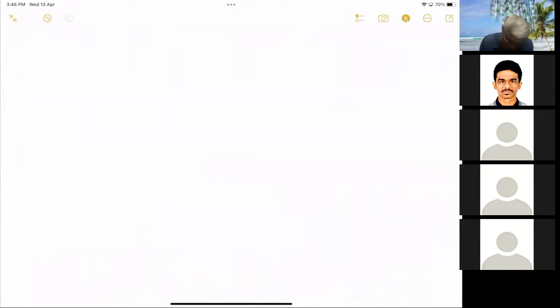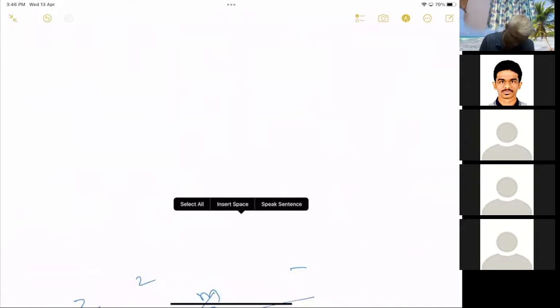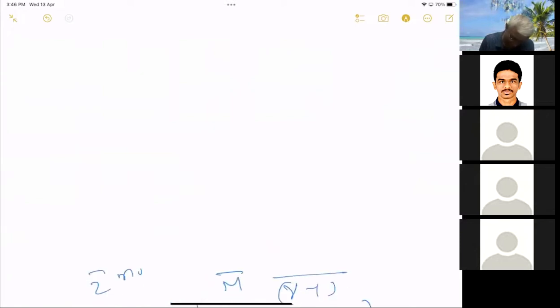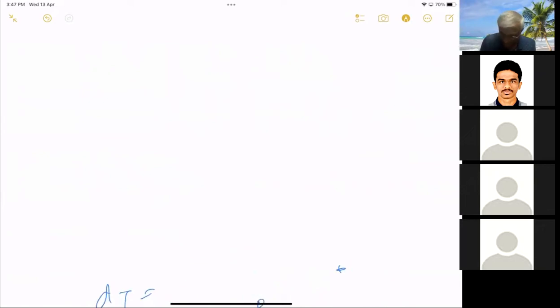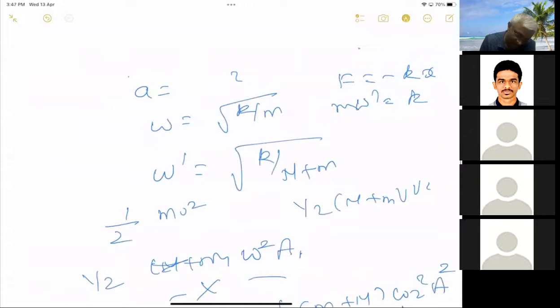I don't know when this happened. I opened a new file. I don't know why I have all these things here. It's something I was teaching my son, and it's all here. Okay. Physics, actually.